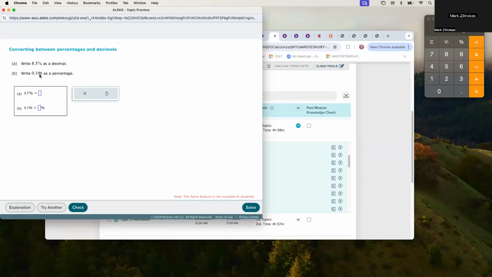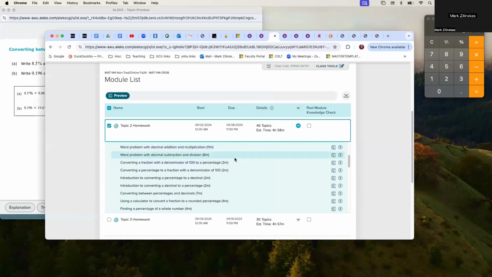So this would be the 19.6%. And if I move this over two places to the left, notice that, from here, I got to add zeros as I move to the left. So that would be 0.085. Okay. So again, these are pretty simple problems if you remember how to do those.